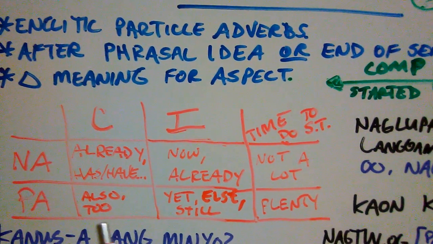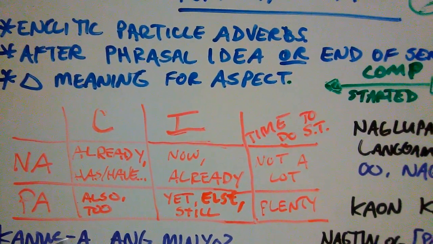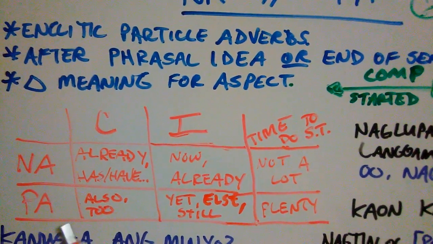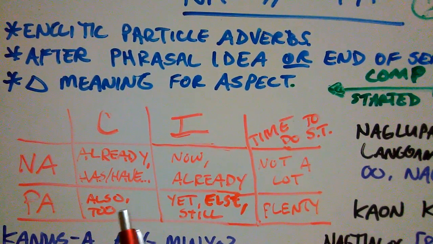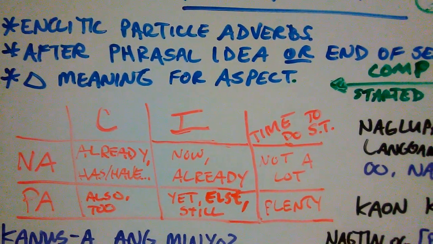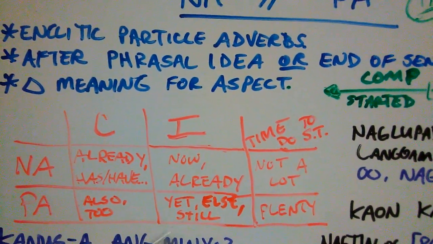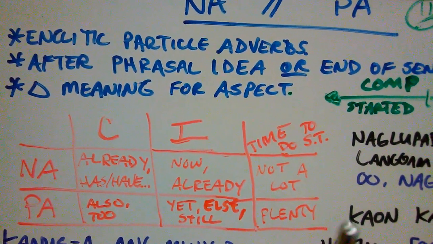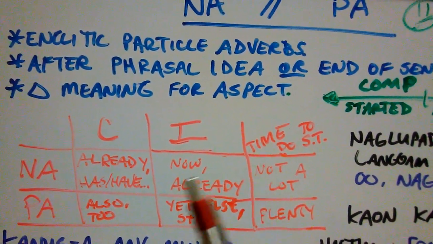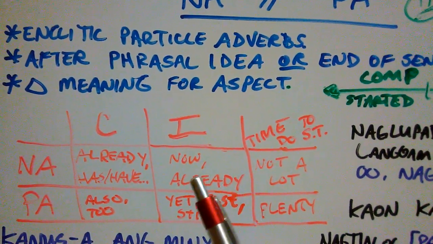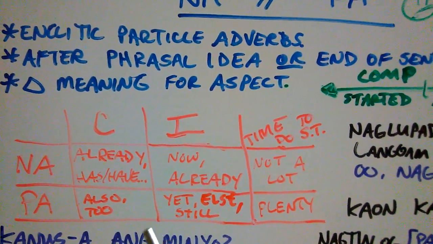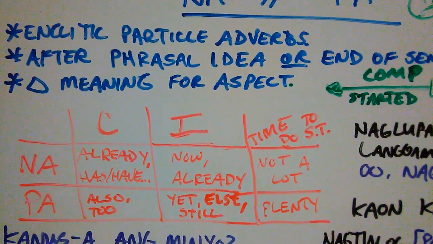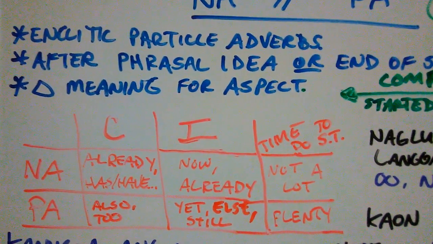Same with pa: if the verb has already started, pa takes on the meaning of also or too, depending on the context. But if the verb is incomplete and hasn't been started yet, na takes on the meaning of now or already, and pa takes on the meaning of yet, else, or still. Again, you will see through the examples.